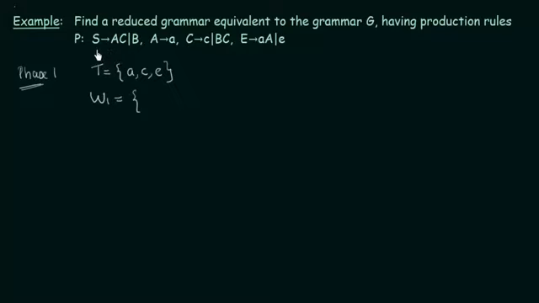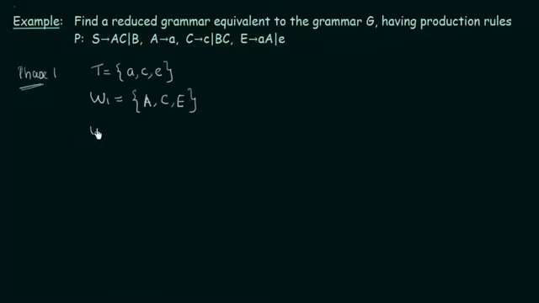S does not derive any terminal symbol, so we can leave S. A derives the terminal symbol small a, so I will include A. C also derives a terminal symbol, so C will be included, and E also derives a terminal symbol small e and also small a, so E will also be included. So I have my set W1.